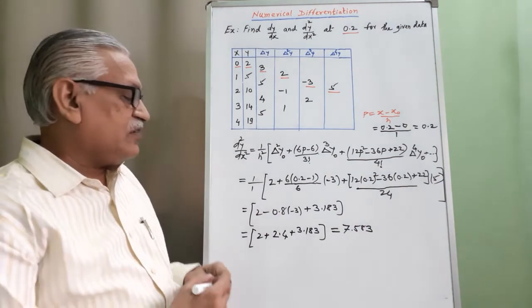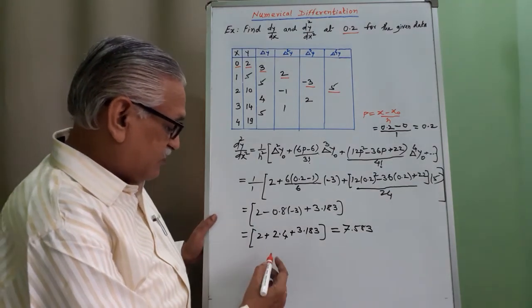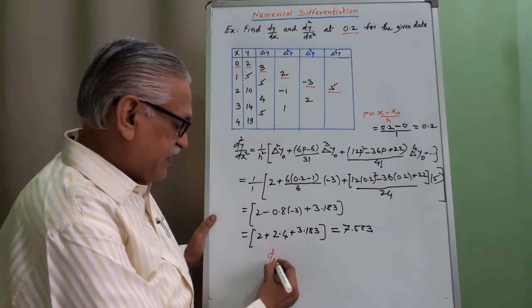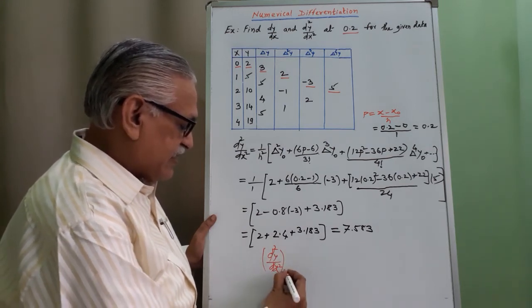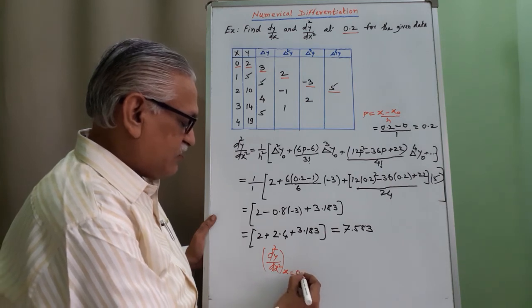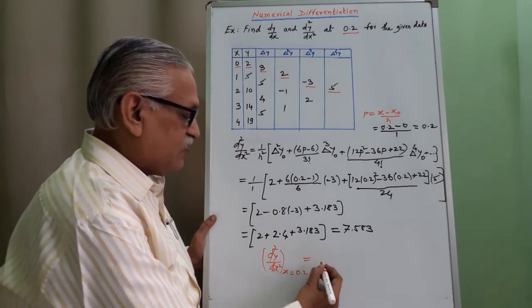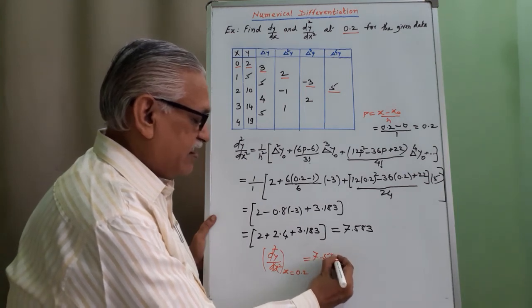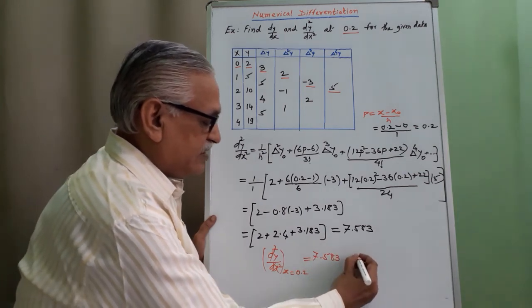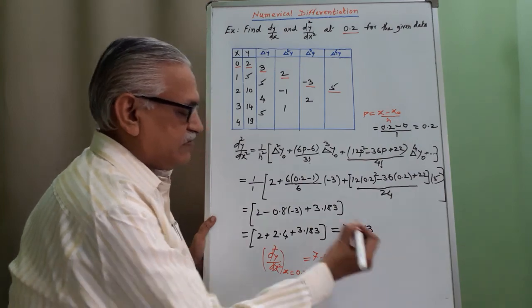Therefore, we have d2y by dx square at x equal to 0.2, and the value is 7.583 as the answer.